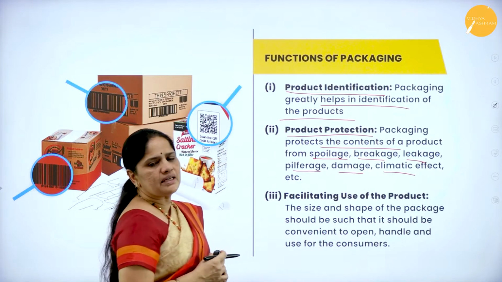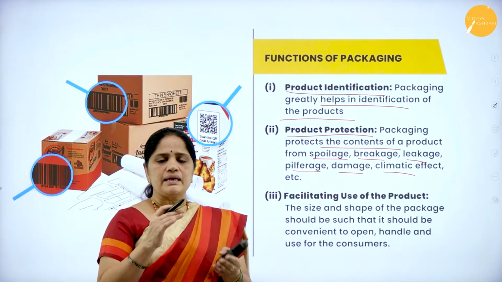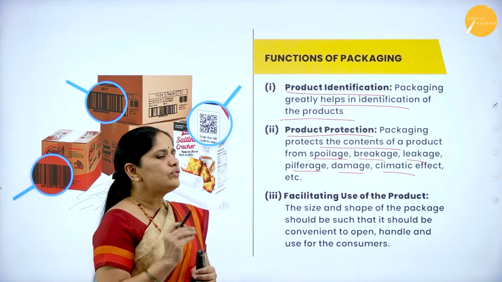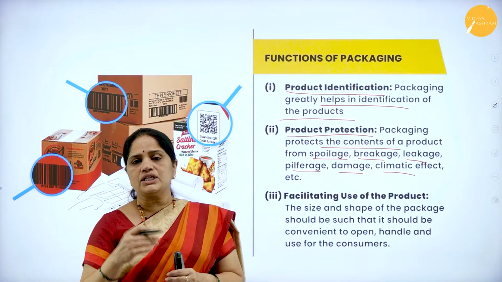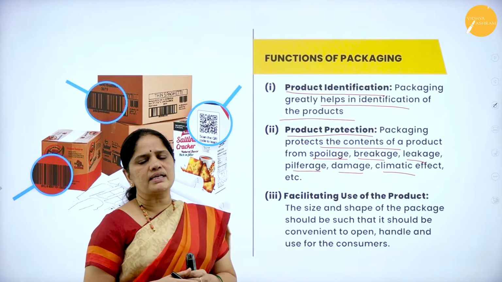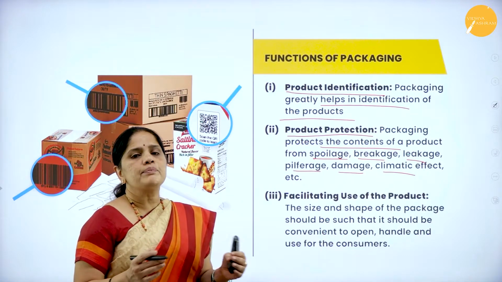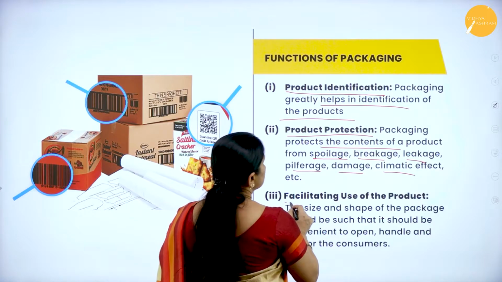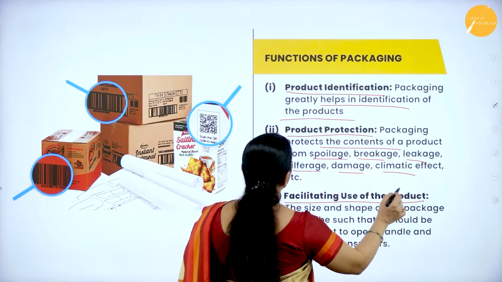So, whenever the products are packed and sealed in a bottle or in a tinned can, there will be no room for any spoilage, leakage or breakage of such products, and as a result the product will be protected.